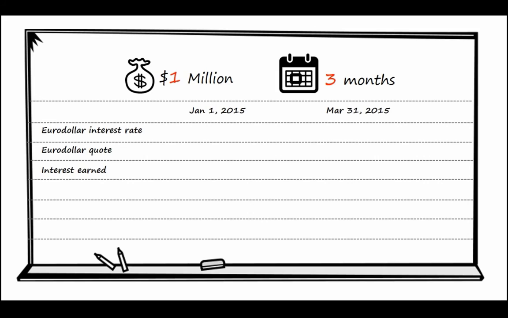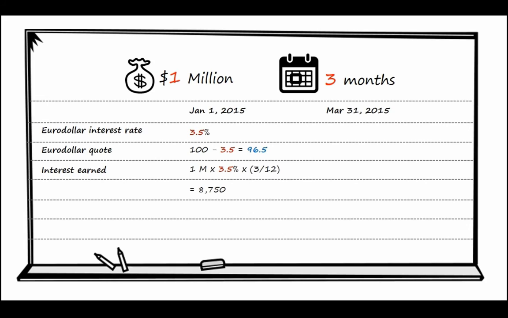On 1st of January, the Euro-Dollar interest rate equals 3.5%. So, the quote price is 100 minus 3.5, which is equal to 96.5, meaning the investor can lock the interest rate at 3.5% per annum, and interest earned on this amount will be $8,750.